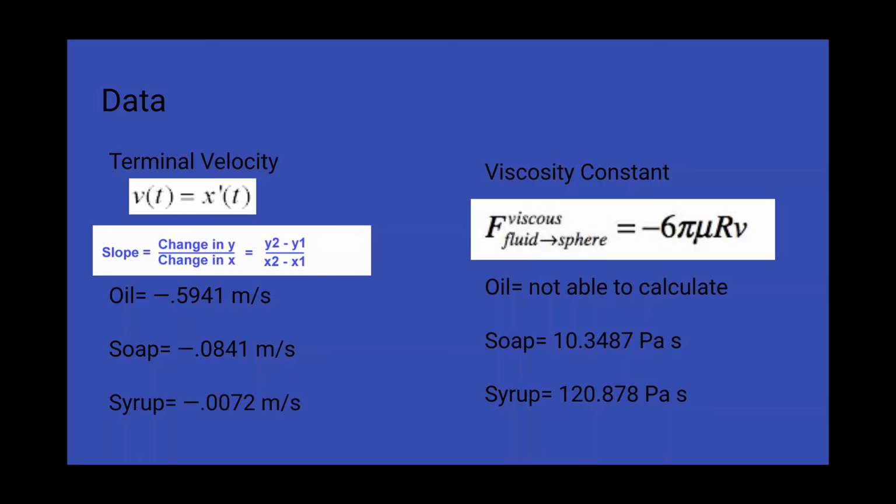As you can see, the oil had the greater velocity, but corn syrup had the least velocity. So the viscosity constant for the corn syrup was greater than that of the soap.